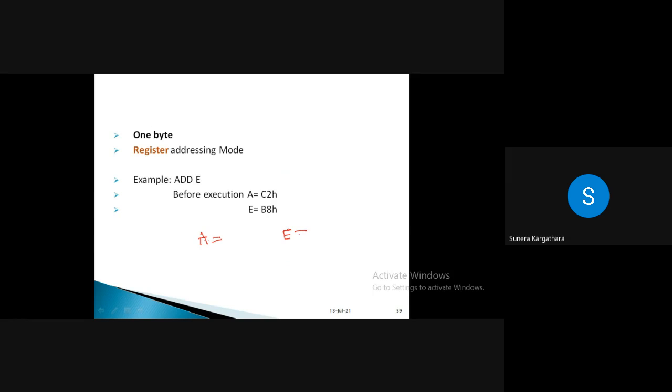What will be the result of the addition? Student, what is the result of this? E will be B8. What about A? 8 plus 2? Am I audible? 8 plus 2, students?